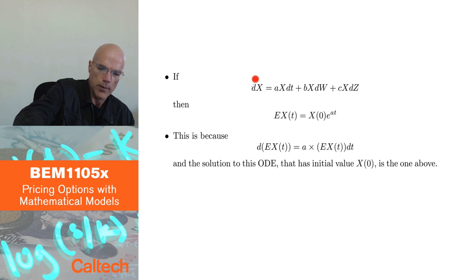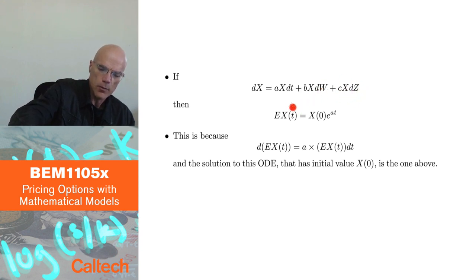Look at any process dX which satisfies aX dt plus something dW plus something dZ, where W and Z are Brownian motions. In fact, it's not so important that this is bX and this is cX. It's just important that this is a dW term and this is a dZ term.